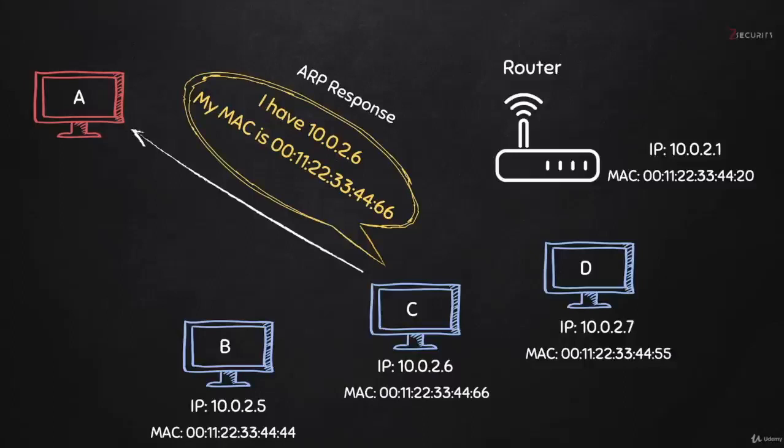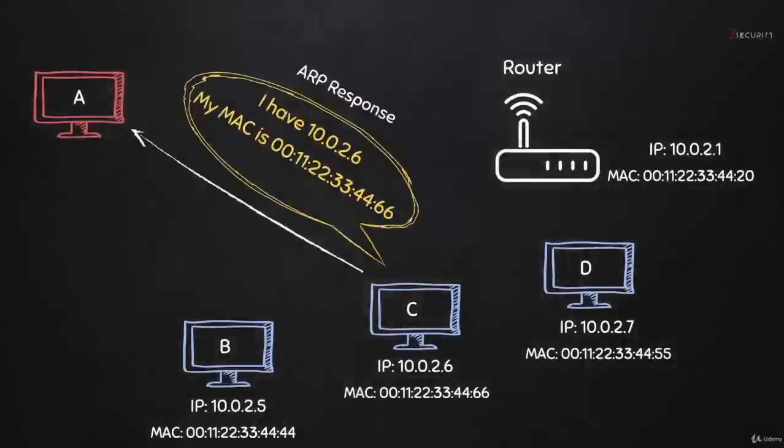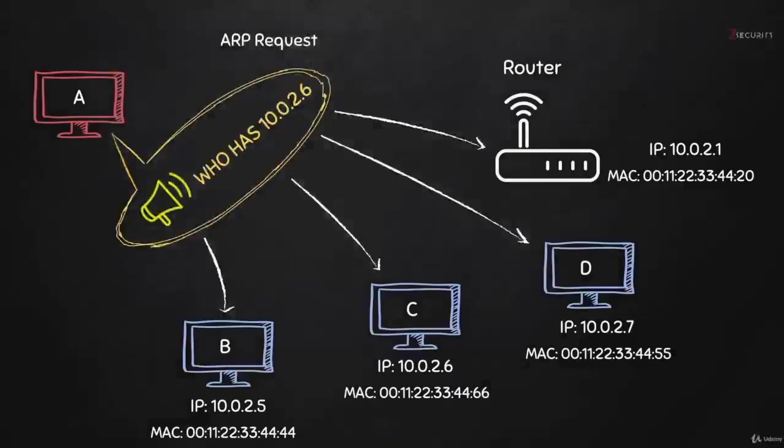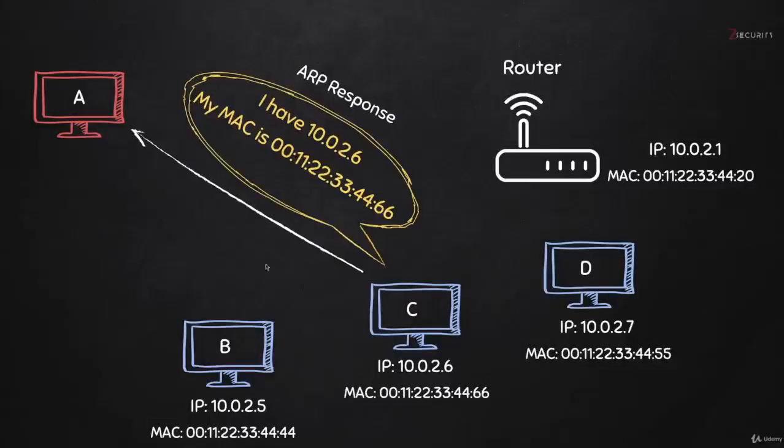Like I said, the ARP protocol is a very simple protocol. As you can see, all it has is requests and responses. And the whole point of it is so that we can link IP addresses to MAC addresses or translate IP addresses to MAC addresses. So a device can send a request asking for a MAC address, and then the device that has the MAC address would respond with its MAC address.